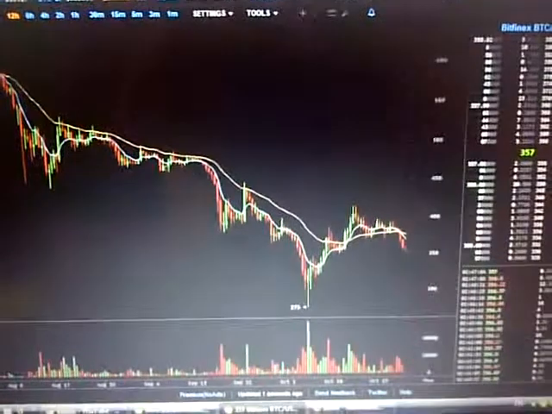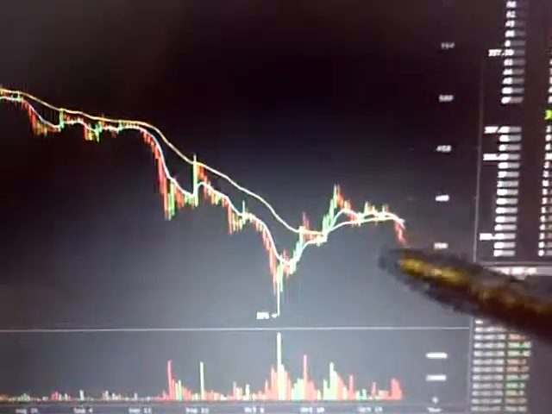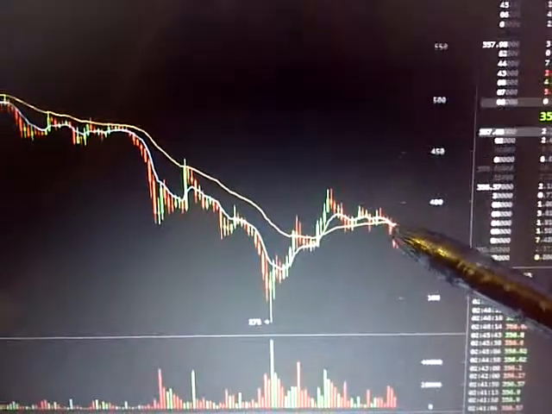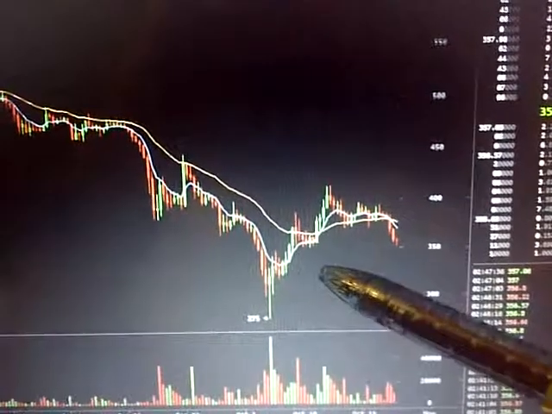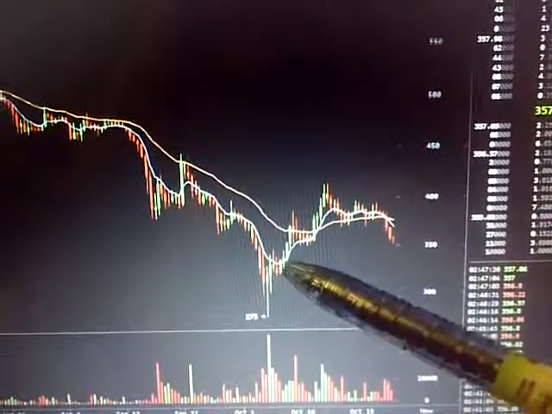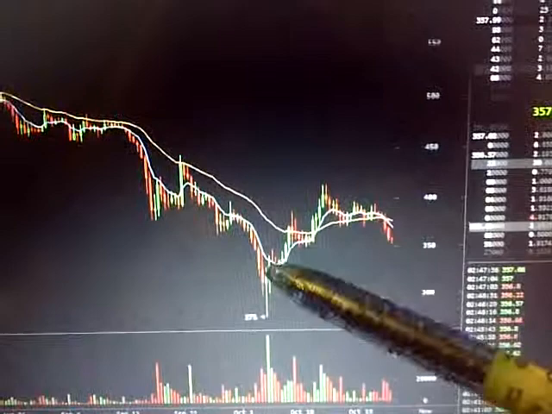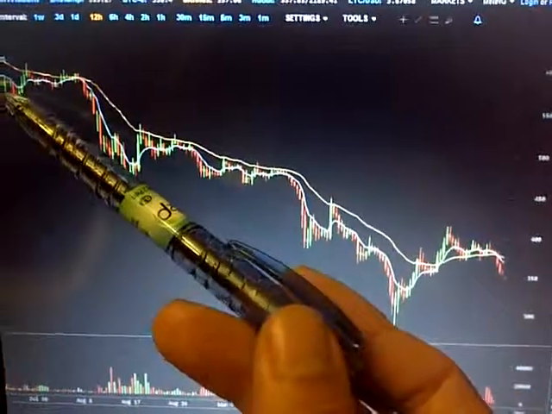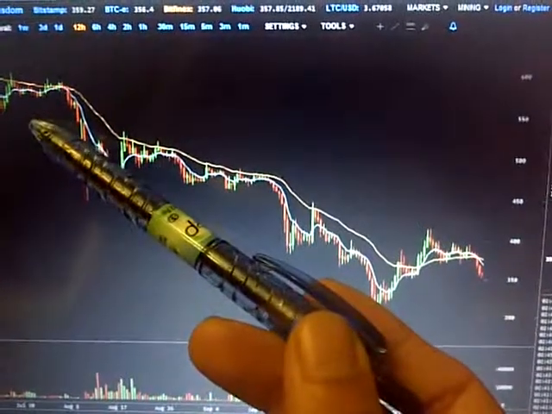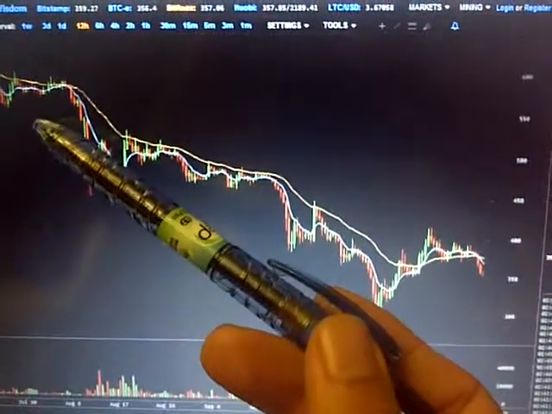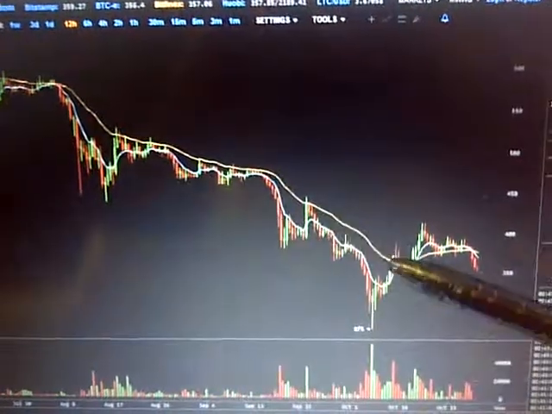So anyways, as you can see here on the 12-hour, it's turned over, it's turned back down. It may go up and down, up and down. And that's the thing, when you see a long trend like this, and the trends tend to trend that way in general, going down.